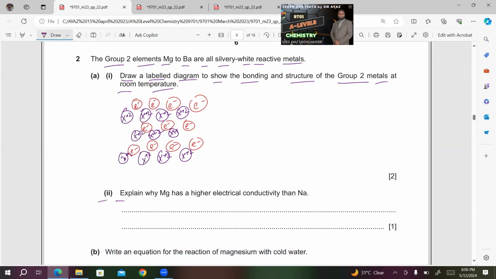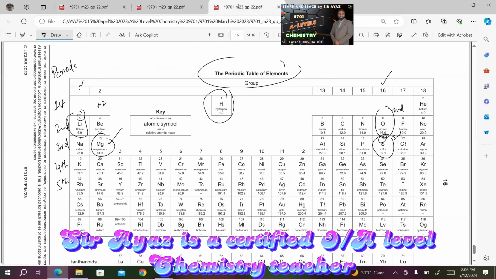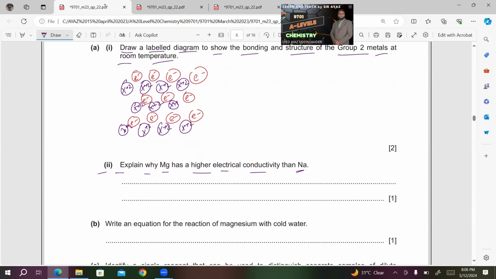Okay, number 2, explain why Mg has a higher electrical conductivity than Na. Look at the position of Mg and Na. Here's Mg, here's Na. Na in group 1, Mg in group 2, which means it has a higher number of delocalized electrons.